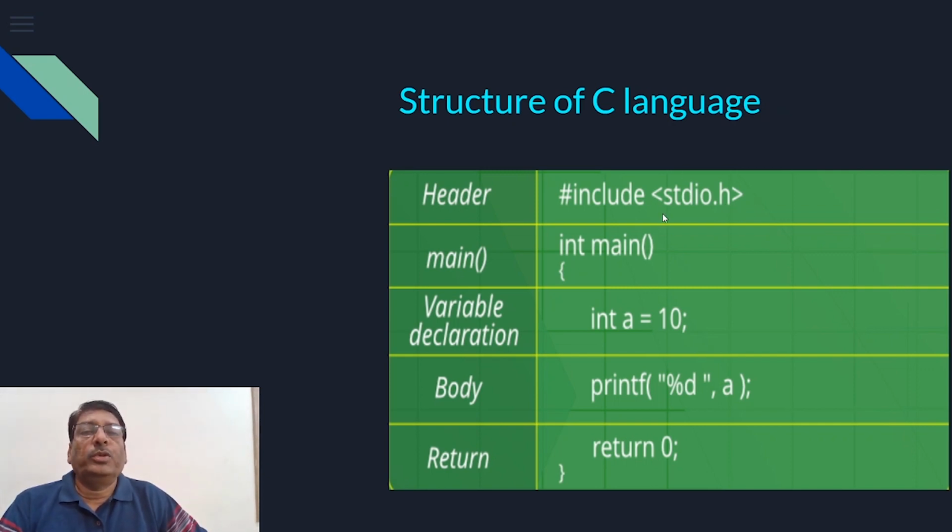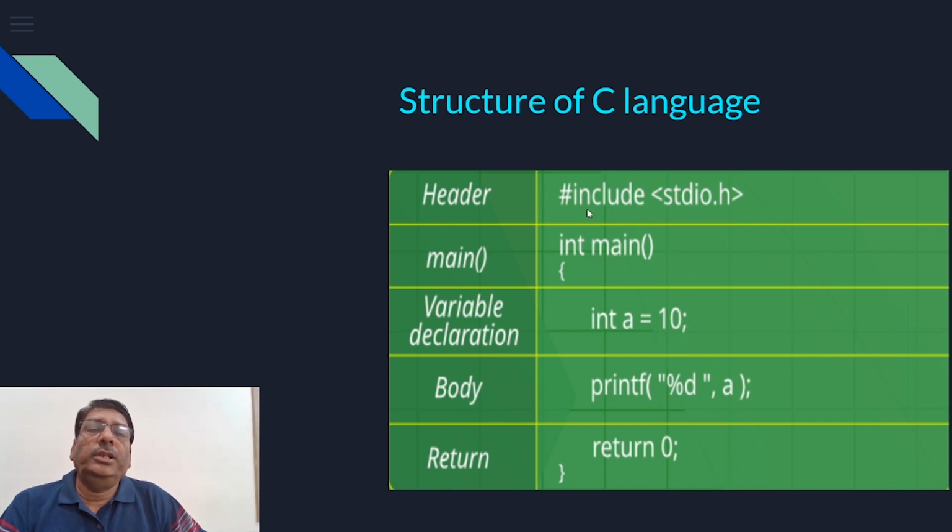And then the next statement in a program is int main. When you write any program in C language, your program will be written in the form of functions, and the function which is executed at the very beginning of the program is called the main function.